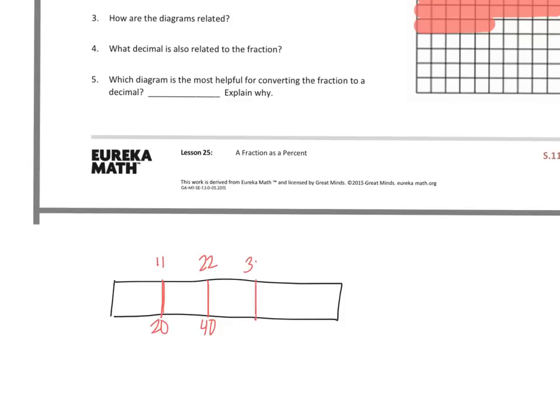Count by 11 on the top and 20 on the bottom. So 11 on the top and 20 on the bottom, and then my last one is right here. And the reason why that's my last one is because I'm at 100 on the bottom here. So I started at zeros. I'm going up by 11 and 20 on the bottom to show my percentages there.